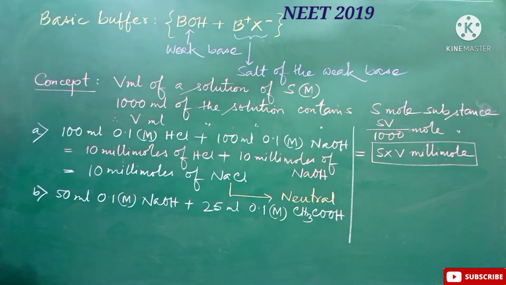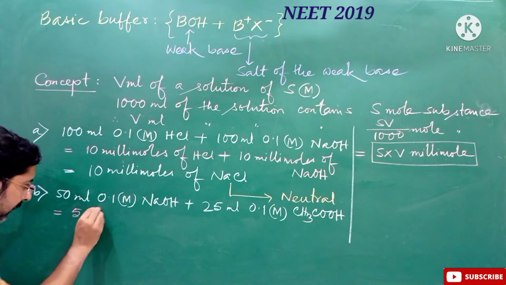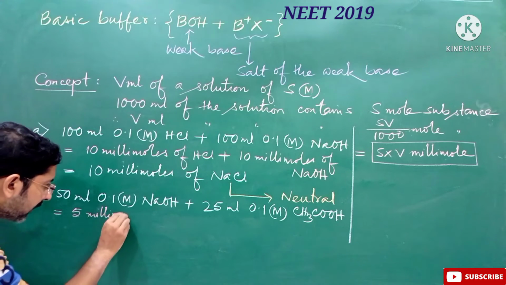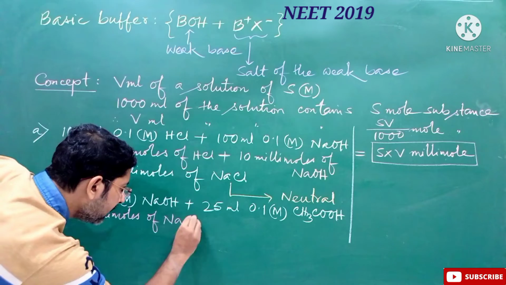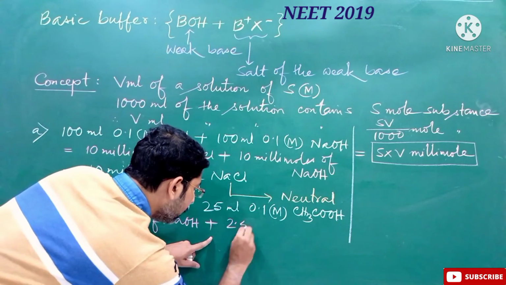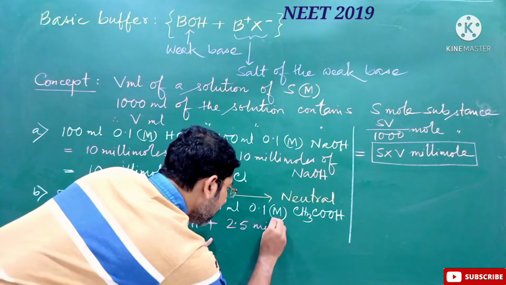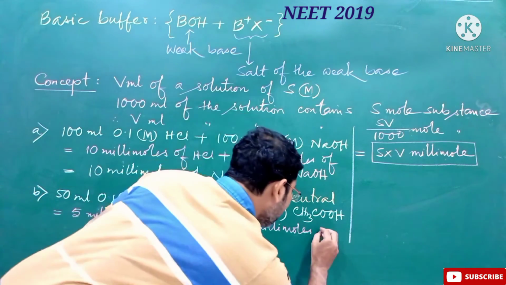Right, look, so this is actually 50 into 0.1, this is 5 millimoles of NaOH, plus 25 into 0.1, that is 2.5 millimoles of CH3COOH.